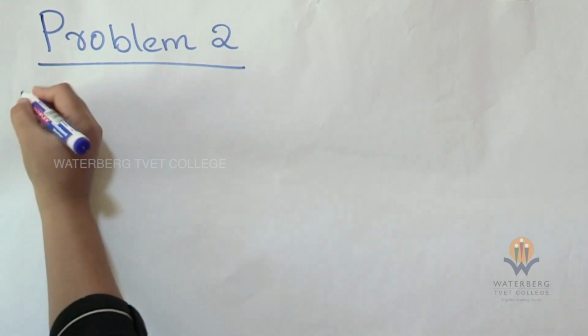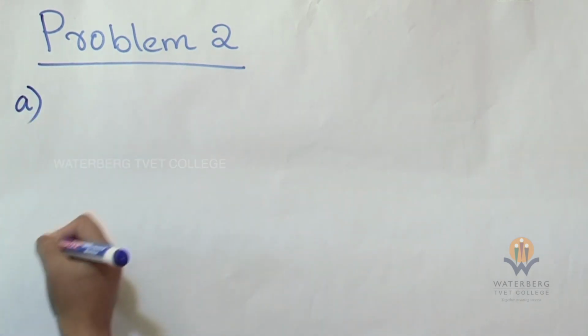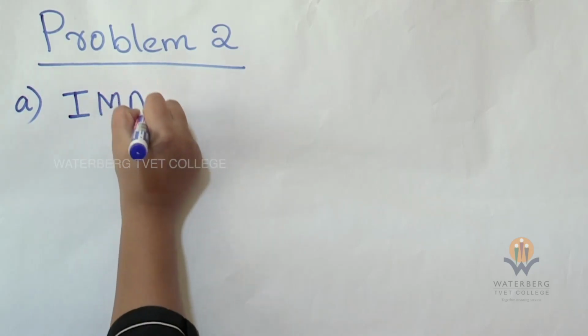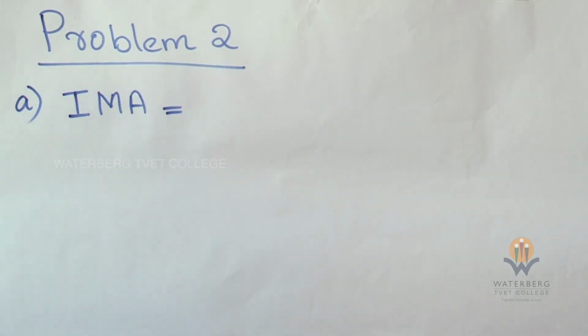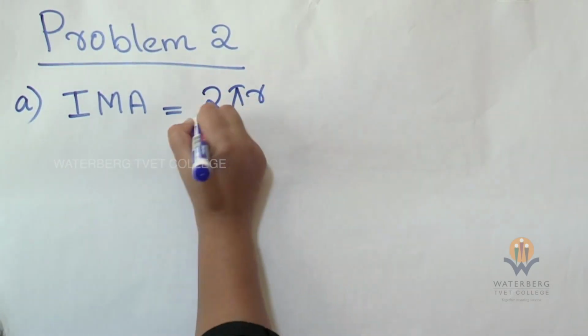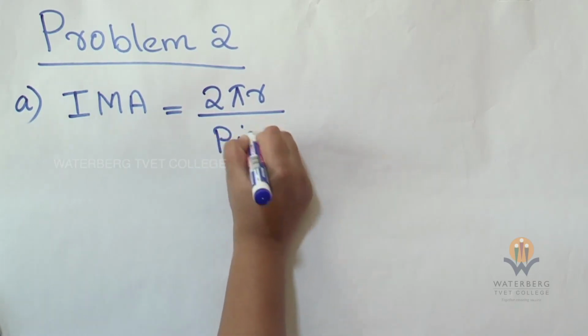Let's do our first one. The first question says ideal mechanical advantage. It's a car jack, so it's a screw, and the pitch of the car jack is 3.5 millimeters and the length of the handle is 200 millimeters. And we know that the ideal mechanical advantage of a screw is 2 pi r over pitch.